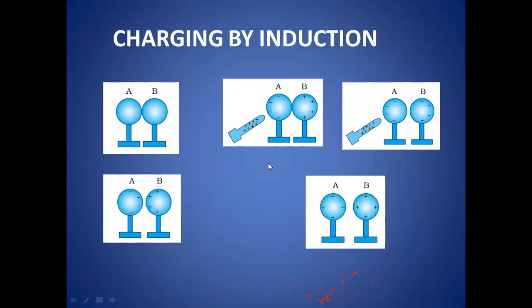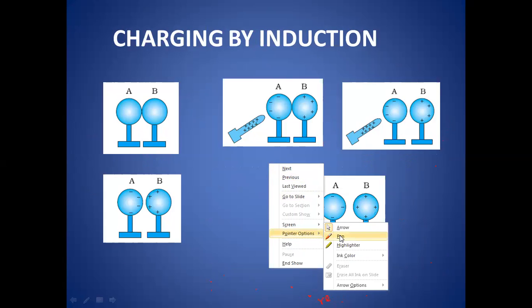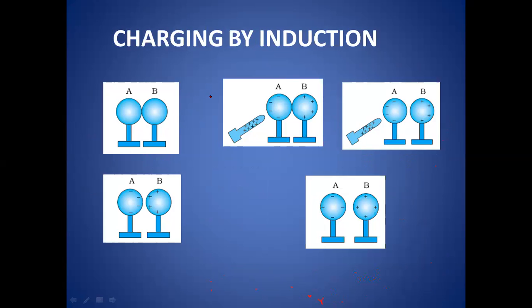Now, what is the meaning of charging by the principle of induction? Suppose there are two balls very close to each other as shown here, A and B, placed on insulating stands. Both are neutral.